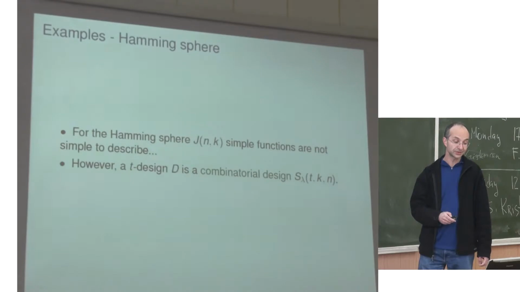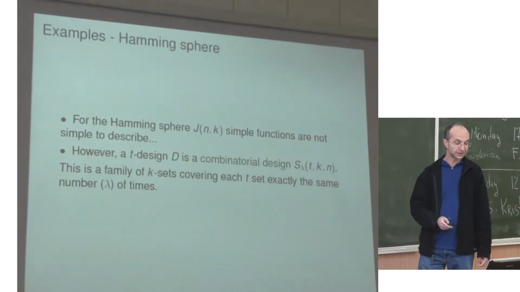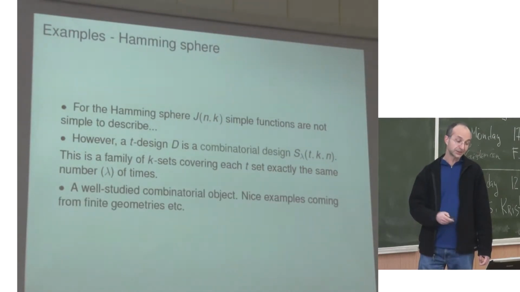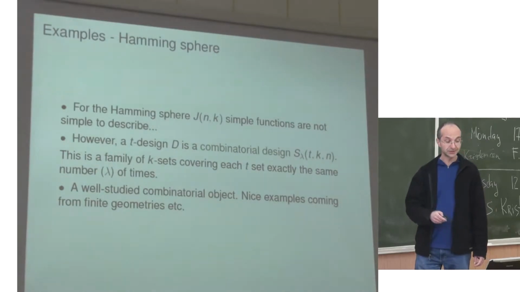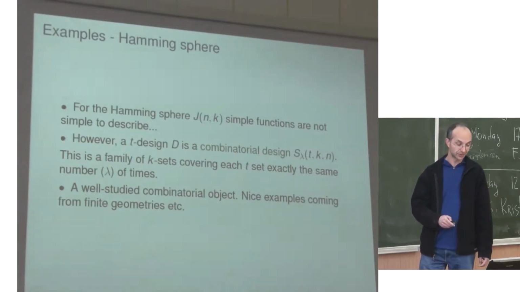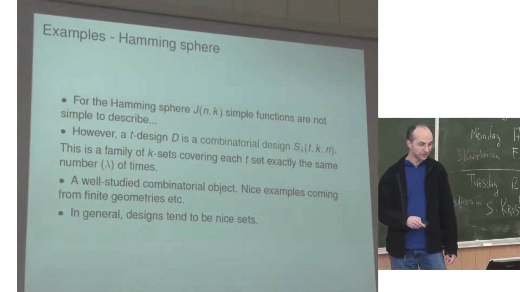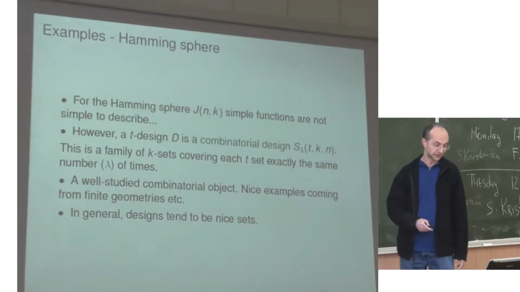A T-design is just a combinatorial design or a block design, S lambda T K N. It just means a family of K sets which cover every set of cardinality T the same number of times. Okay, this is due to Delsarte. This is a very well studied combinatorial object, and we have nice examples coming from finite geometries and so on. So in general, designs tend to be nice sets, and we want to construct them.